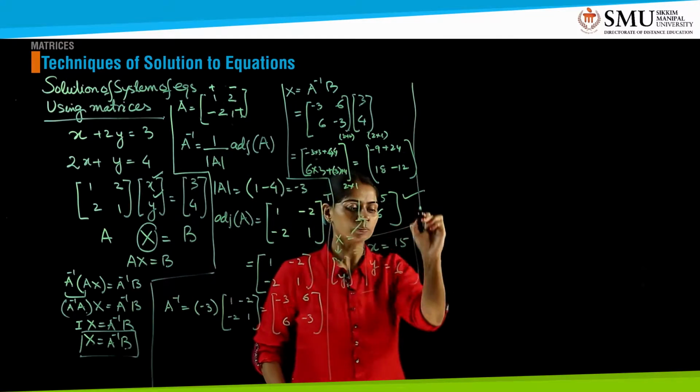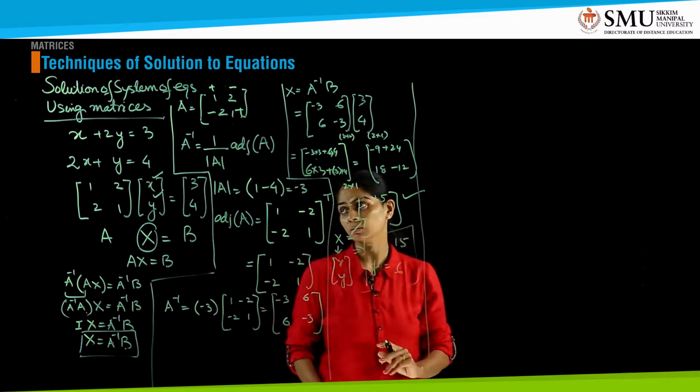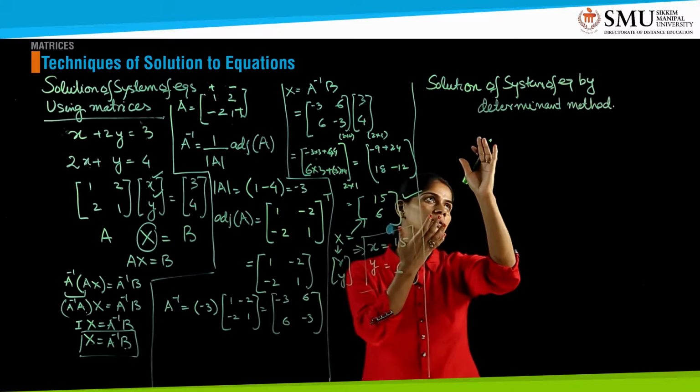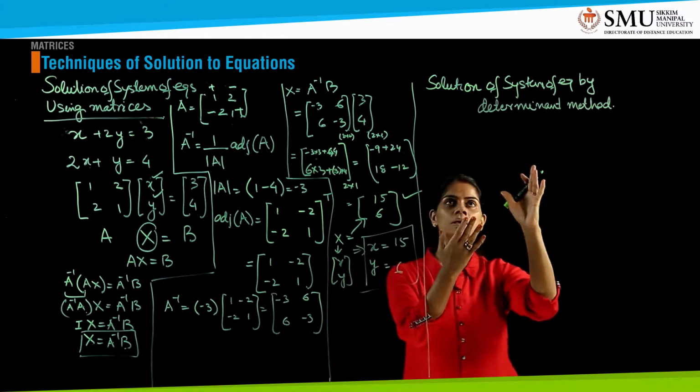Now, there is one more method to solve the system of equations, by making use of determinants. Suppose you have a system of 3 equations in 3 variables.